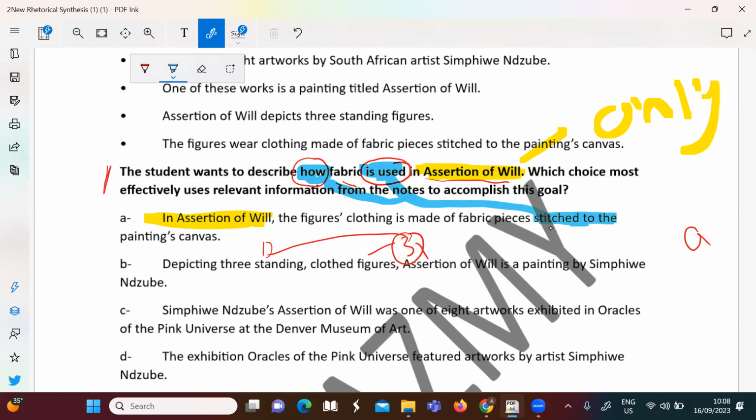Here it is stitched to the canvas, this is how it is used. What about D? He's talking about the exhibition. It's not relevant to the prompt of the question. So yes, it's A. Thank you, Osam.